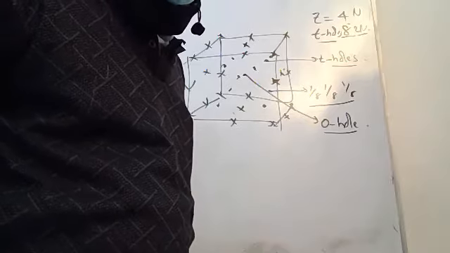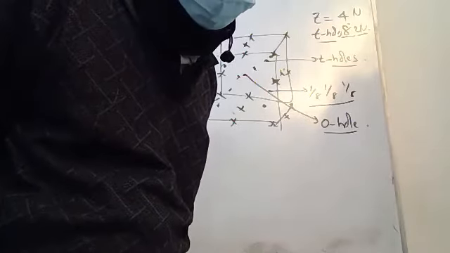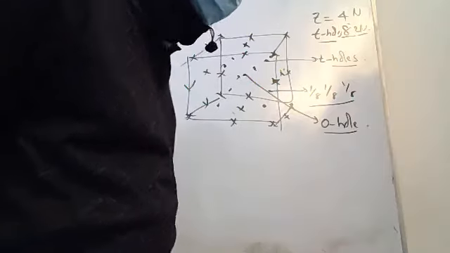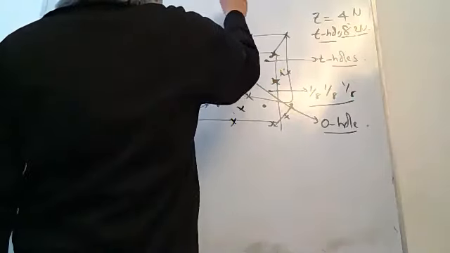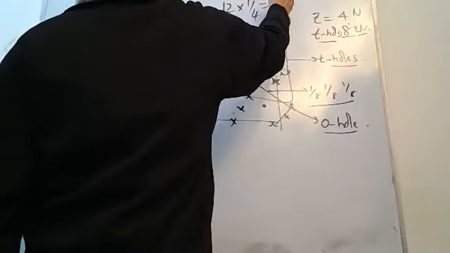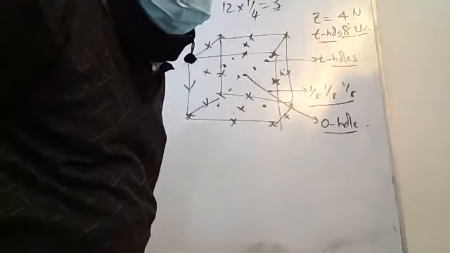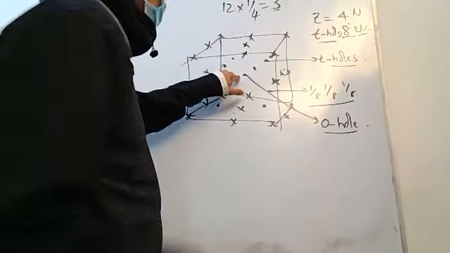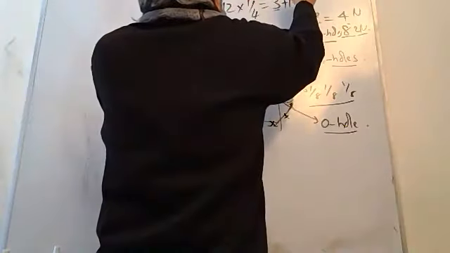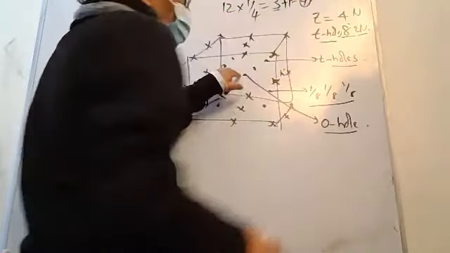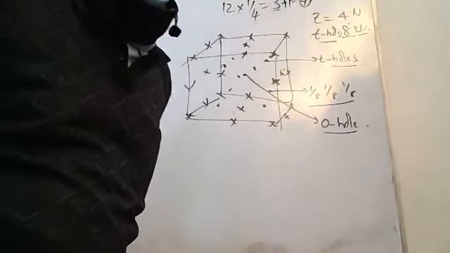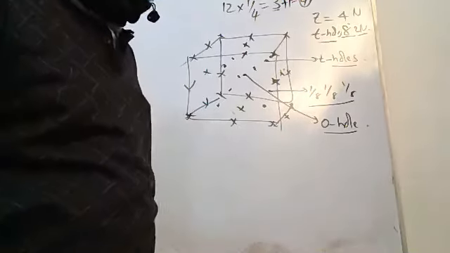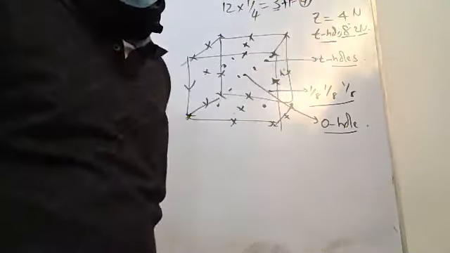So how many edges do we have in a cube? Every cube has 12 edges, right? You agree with me? So if each one contributes 1/4, 12 times 1/4 is 3. So effectively, there are 3 octahedral holes here and 1 in the middle. So 3 plus 1 is 4. So a face-centered cube will have an effective number of 4 octahedral holes and 8 tetrahedral holes.